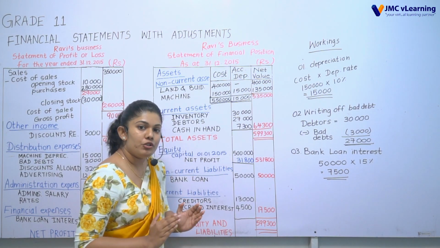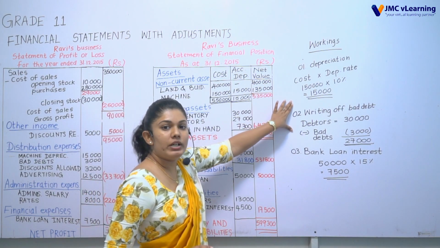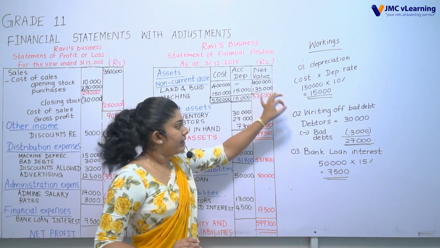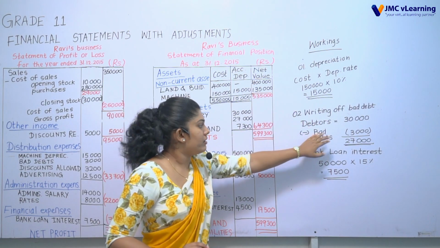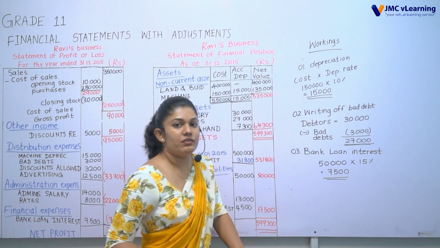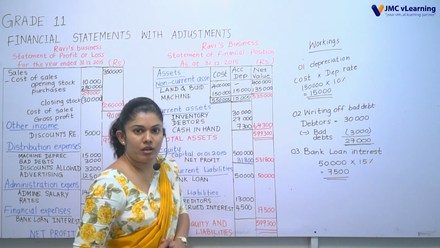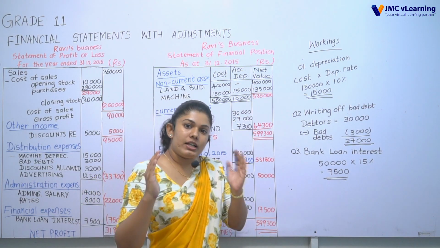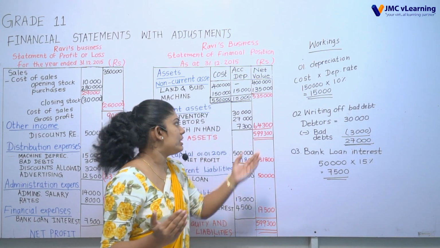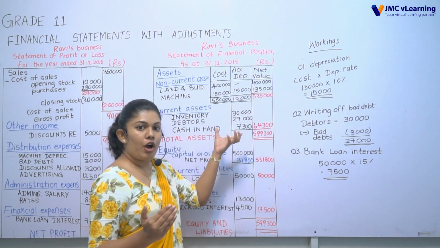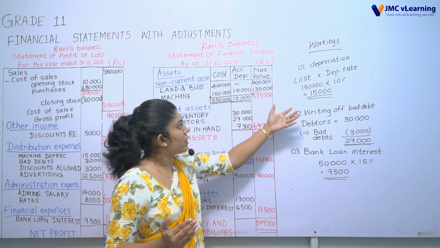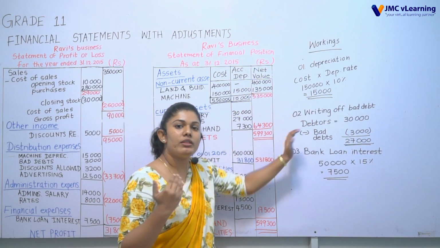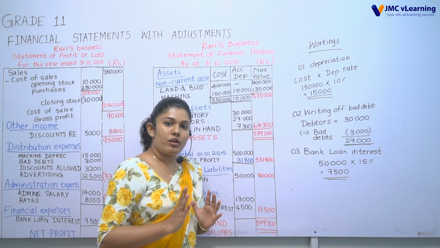That is why I told you to take it as a working. Therefore, that will remind you that you have to record this value in your financial position. Always make it clear how you get these figures, like depreciation, you have to show calculations all the time. Then you won't be mistaken.